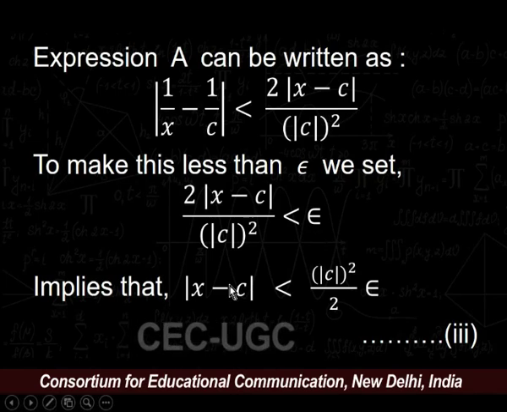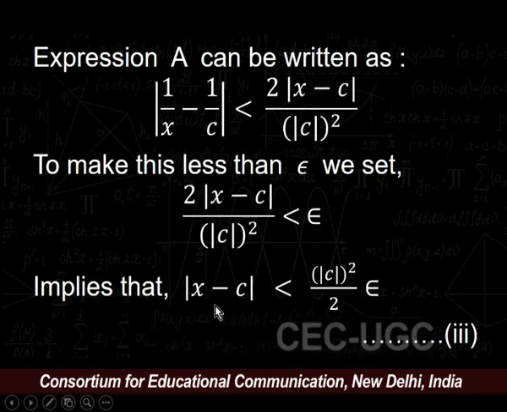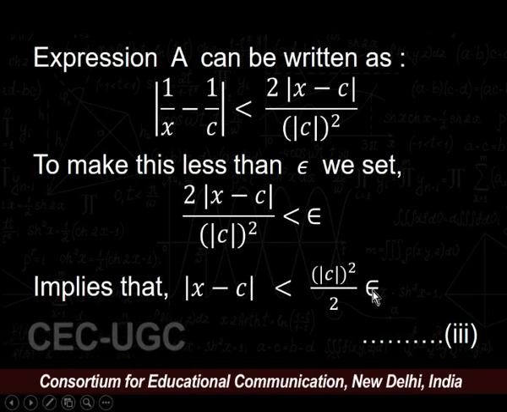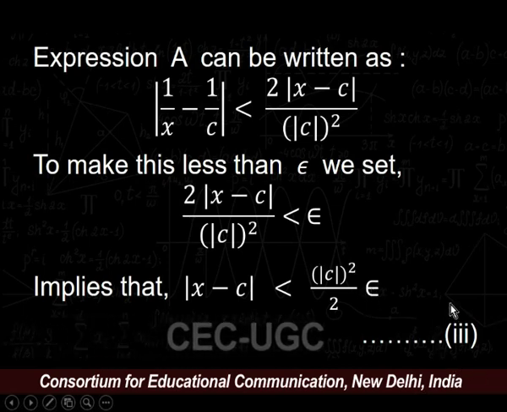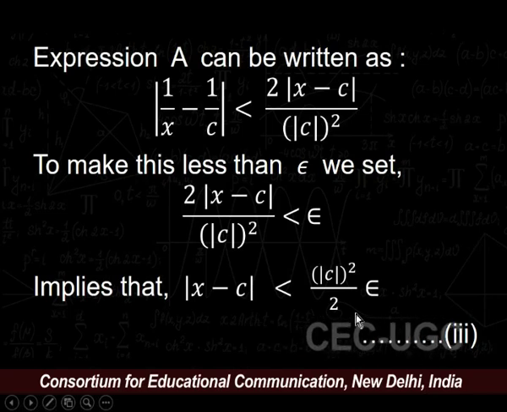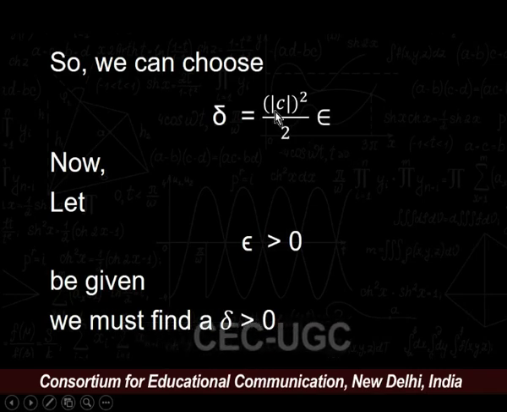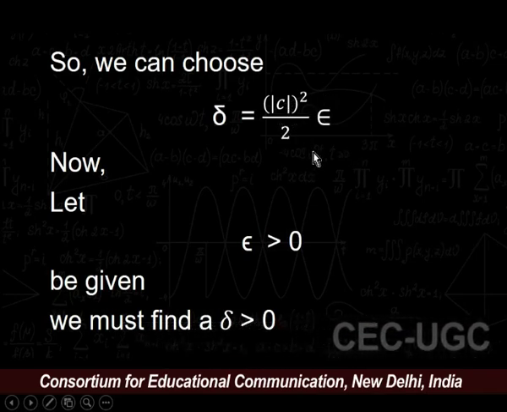If this is true, this implies that |x - c| is less than |c|^2 epsilon/2. Say this is our equation number 3, and we can easily see the choice of our delta. We can choose our delta equal to |c|^2 epsilon/2.